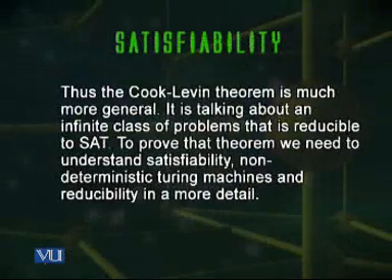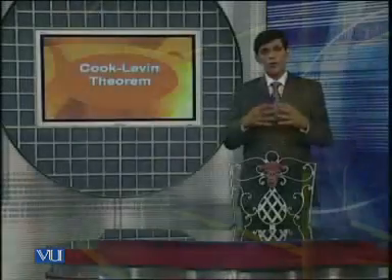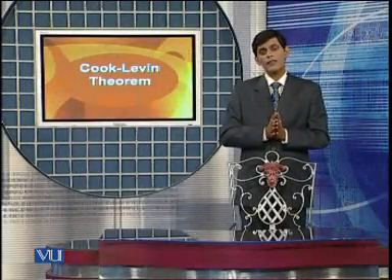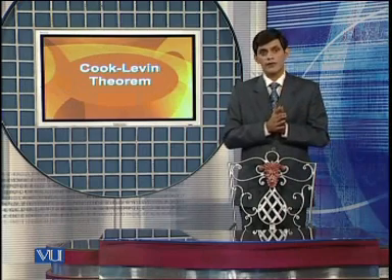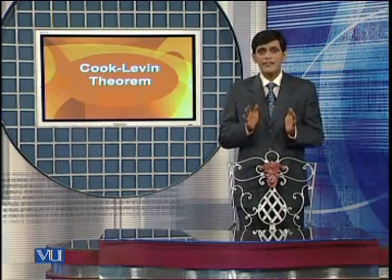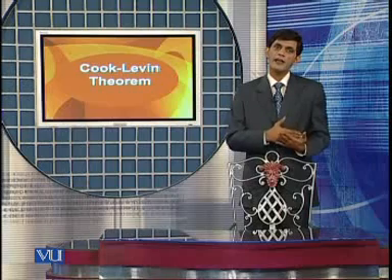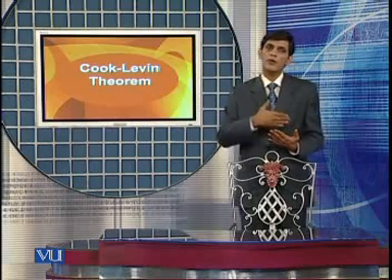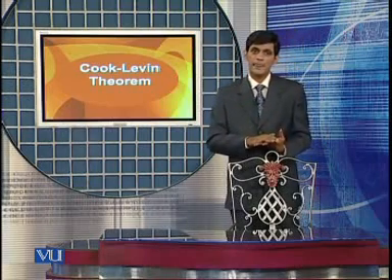Thus, the Cook-Levin theorem is much more general, and to prove it, we will need to understand satisfiability, non-deterministic Turing machines, and reducibility in a lot more detail. So, in the next lecture, we will start the proof of the Cook-Levin theorem. Let's see why what we have done is much, much simpler than what the Cook-Levin theorem says.